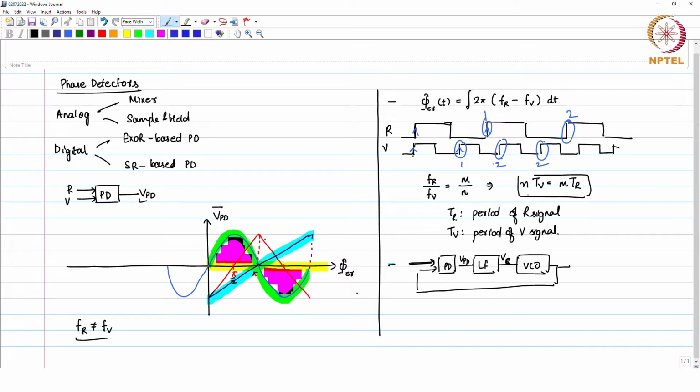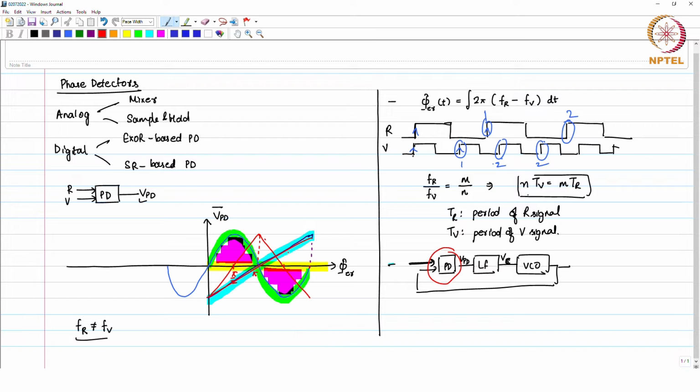In the closed loop, if you have loop filter with an integrator, you were able to do so, but standalone, if you look at the PD, the average value of this PD will not tell you about the frequency error. And the actual reason is, if the frequency error is large, you will span this whole stuff, and the average value gives you 0. Okay. So, that is the thing.